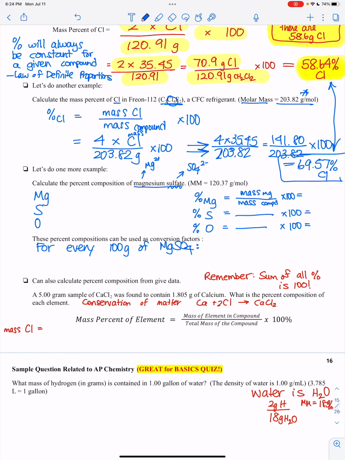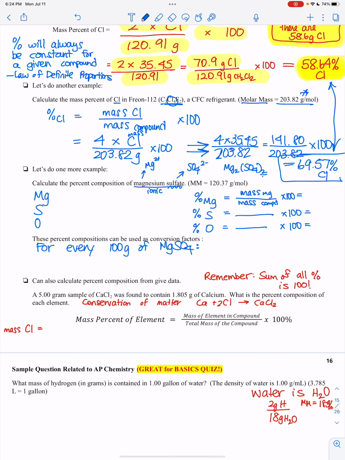That means I'm dealing with ions. Mg is 2+. If I do the crisscross method, I end up with Mg2(SO4)2. But remember, ionic compounds need to be expressed in empirical simplified form.